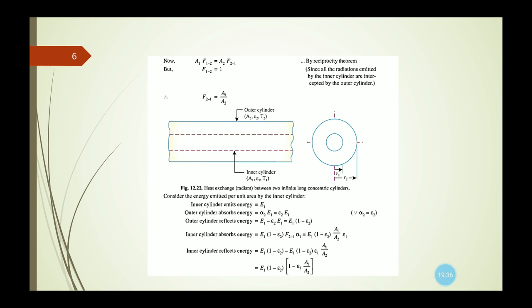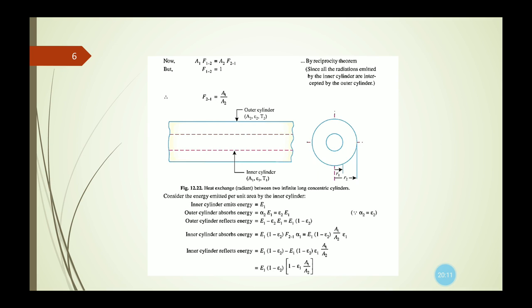Now this reflected energy by the outer cylinder, some fraction of it will again be absorbed by the inner cylinder. So the inner cylinder absorbs the energy, and that can be represented as E1 (1 minus alpha 2) multiplied by F21 alpha 1.